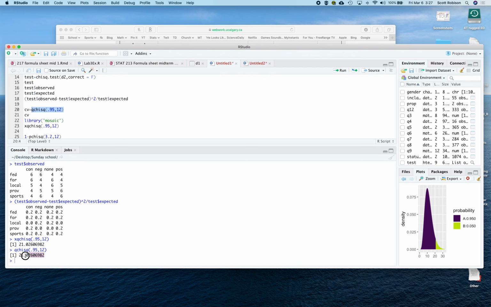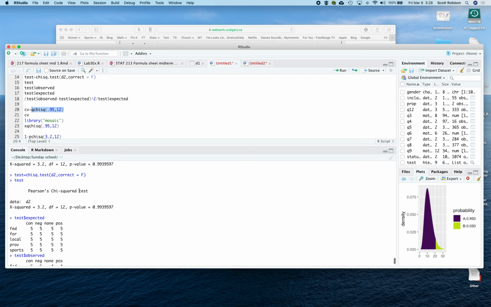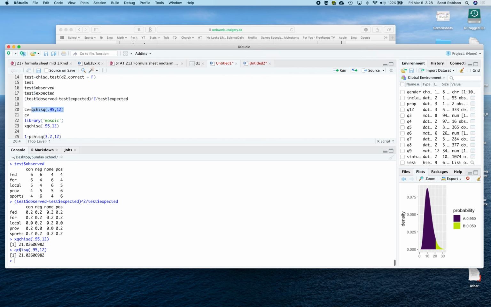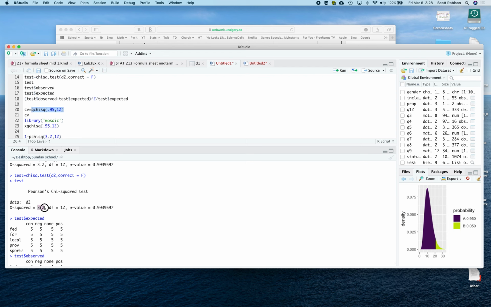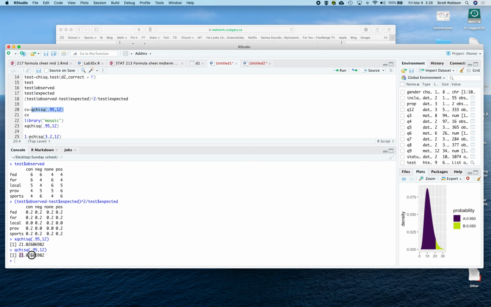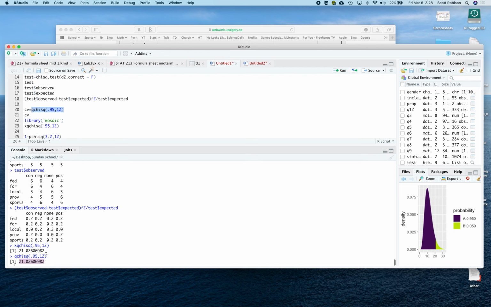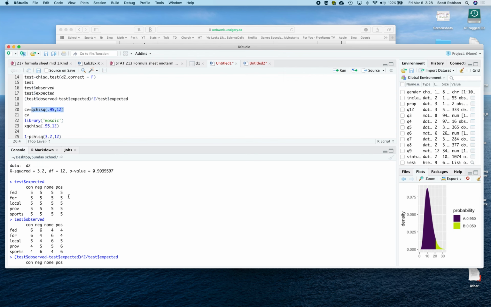You can find then that the critical value, that is the point where 95% is on the left and 5% is on the right, will be 21. And then you can, if you like, use the critical value approach and compare your test statistic to the critical value. In this case, you can see that the test statistic is definitely on the left side of the critical value, which would be a fail to reject situation.